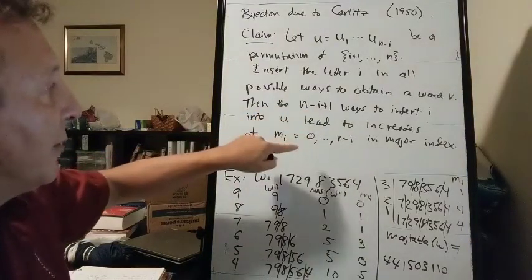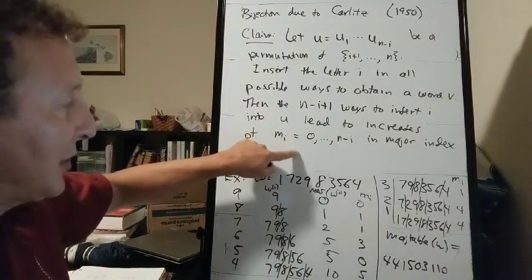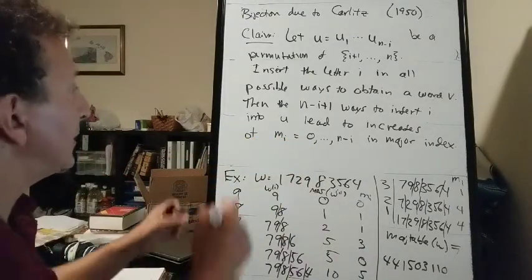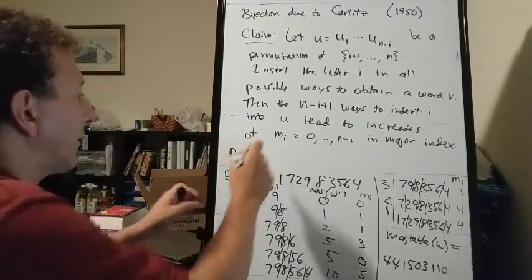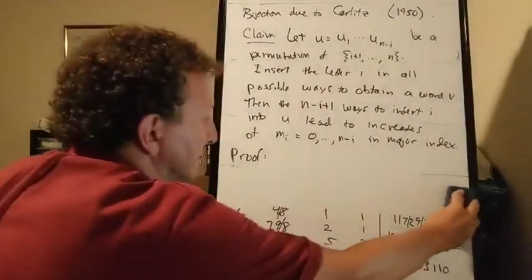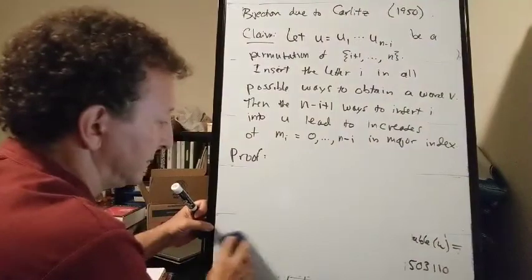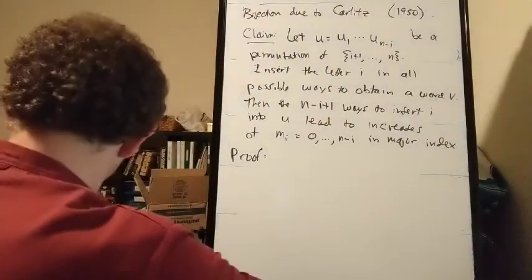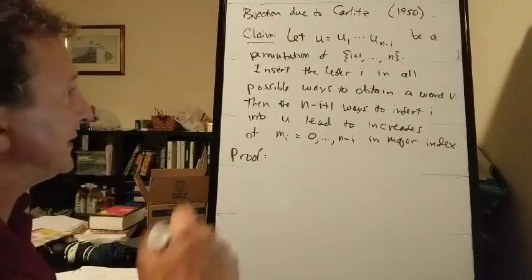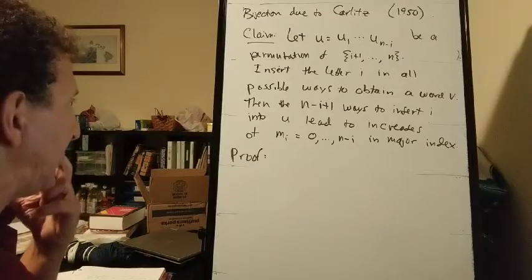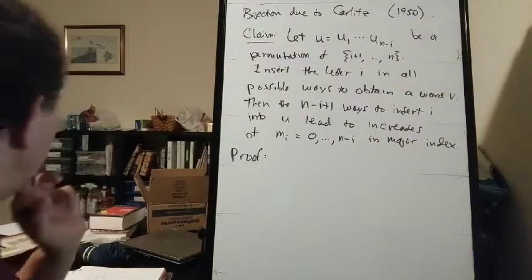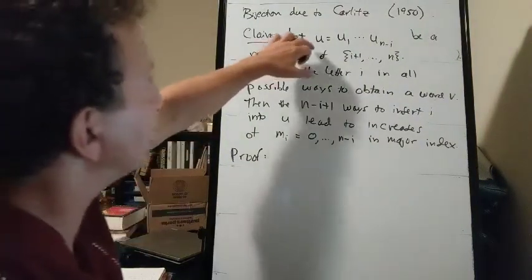And if we do that, we want to see that the major index increases by all possible amounts between 0 and n minus I. So let's let k be the number of descents in our partial permutation u.